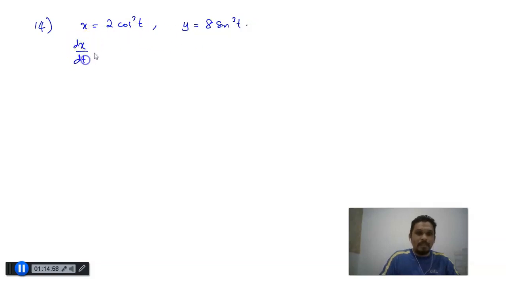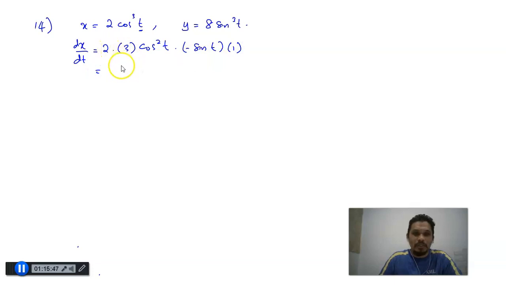So dx/dt equals, okay, 2 cos cubed t. So 2, and differentiate cos cubed, times 3 cos squared t, and differentiate the cos, it gives you negative sine t, and differentiate t, it gives you 1.